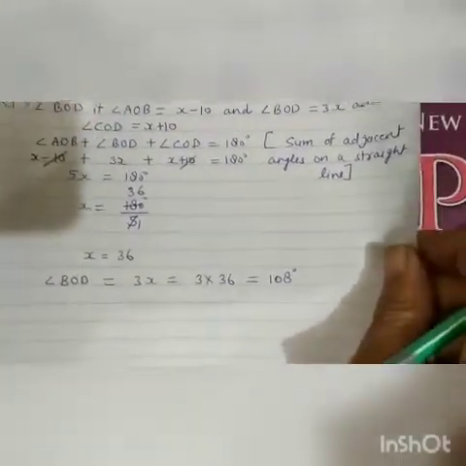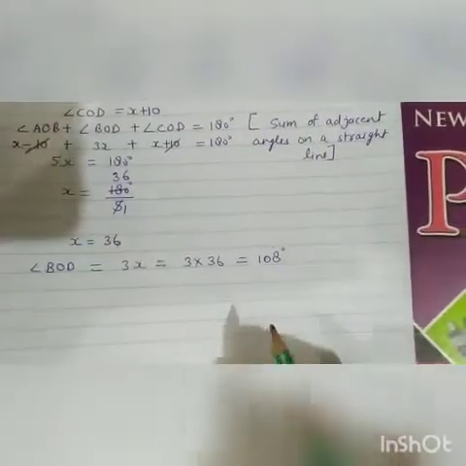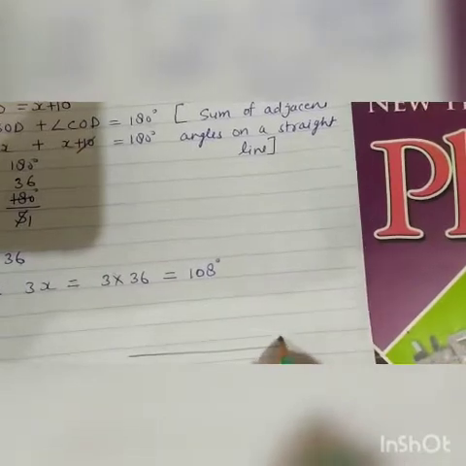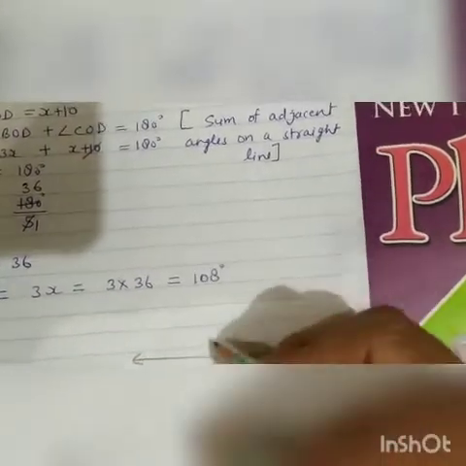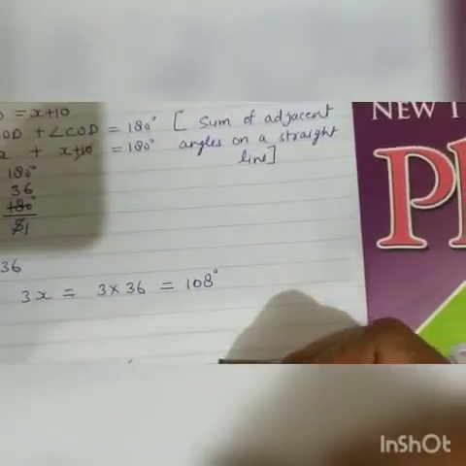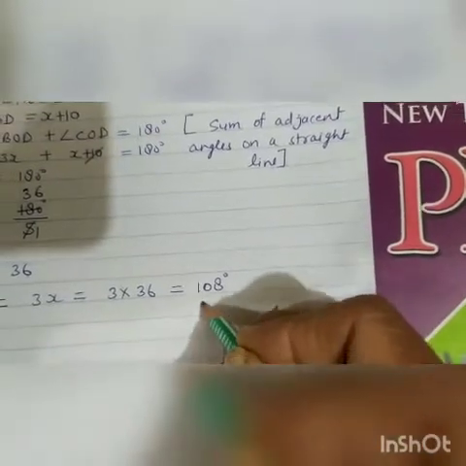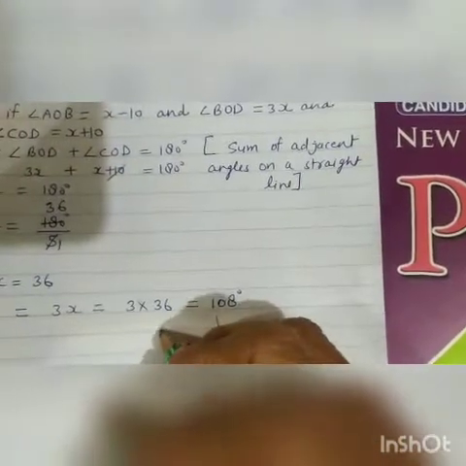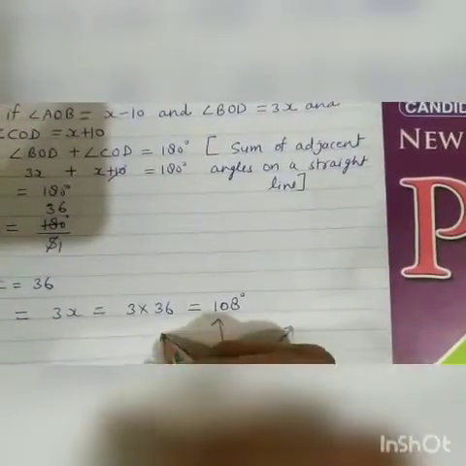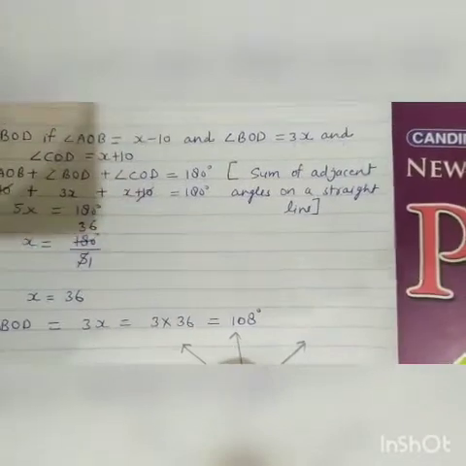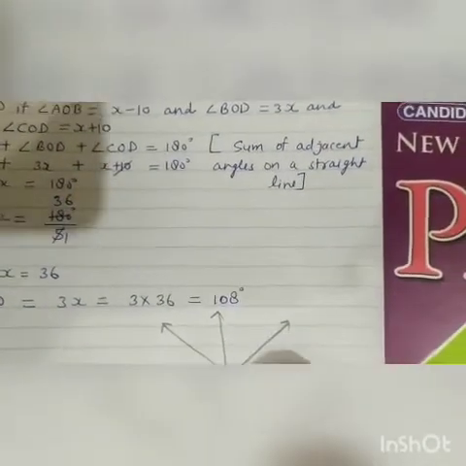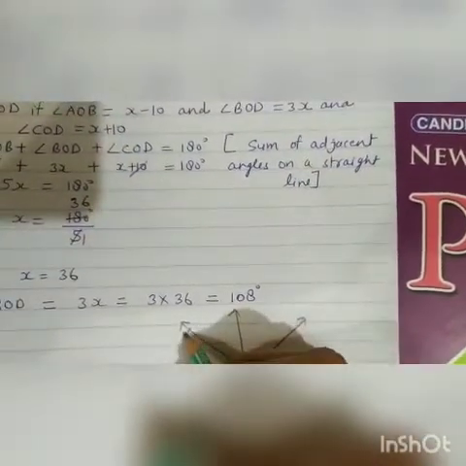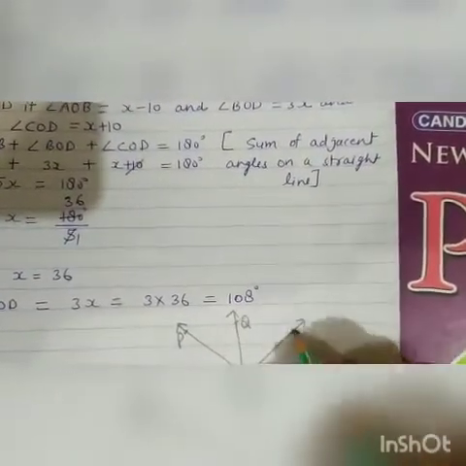So students, we completed question number 7. Students, see one more thing. I am telling you, suppose this is a straight line. If this line is divided into 4 parts like this, COA, this is PQR.